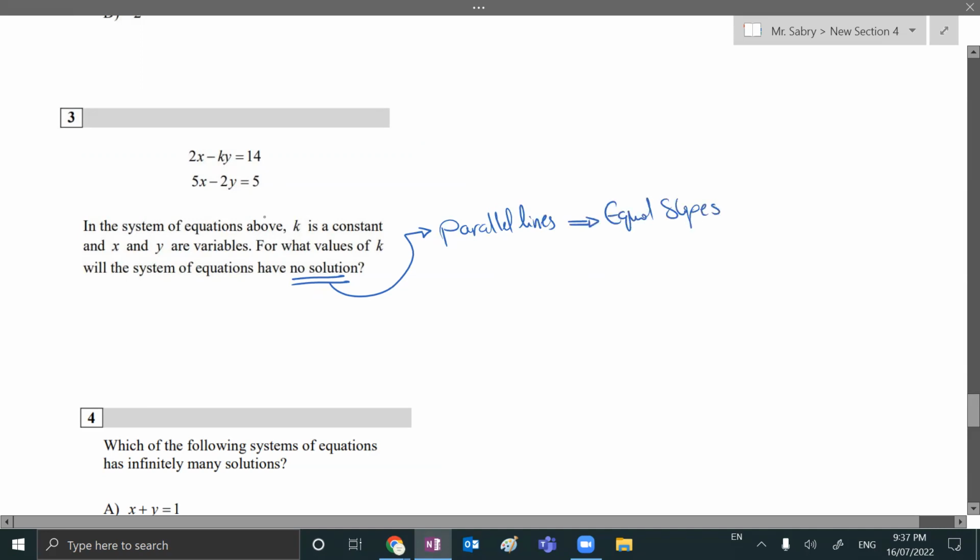So I'll get the slope of the first one, and I'll get the slope of the second one, and I'll make them equal to each other. The slope of the first one is -2 over -k, which is +2 over k. The slope of the second one is -5 over -2, which is 5 over 2. This means that 2 over k must equal 5 over 2.